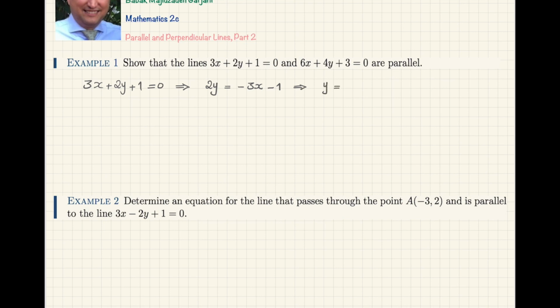The left hand side simply becomes y. The right hand side has two terms to be divided. If I divide the first term, it becomes this. If I divide the second term, it becomes this. Now it is easy to read the k value. The k value of this line, let me call it k1, is minus 3 over 2.